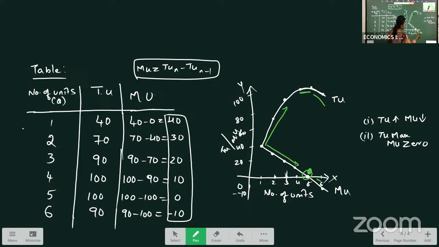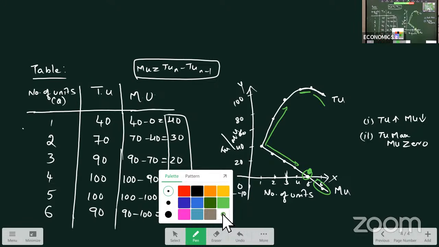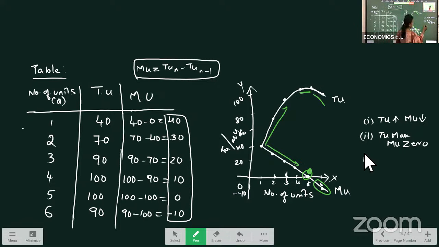Another relation we can see here: when total utility decreases, marginal utility becomes negative. So the third relation we are explaining here is, total utility decreases, marginal utility is negative.